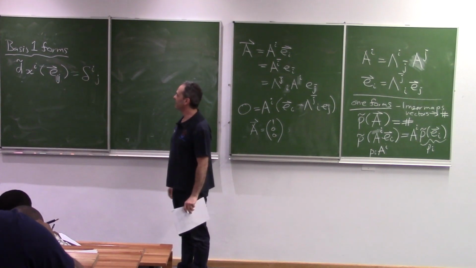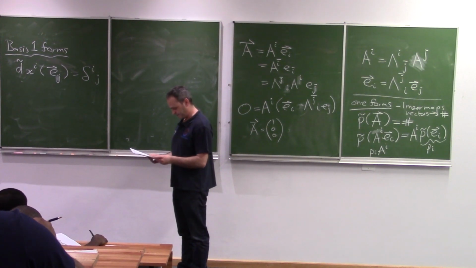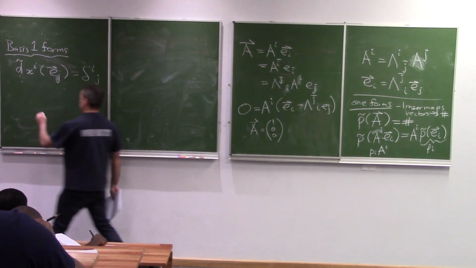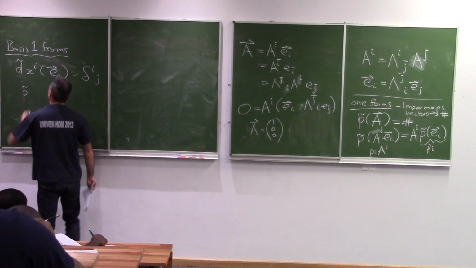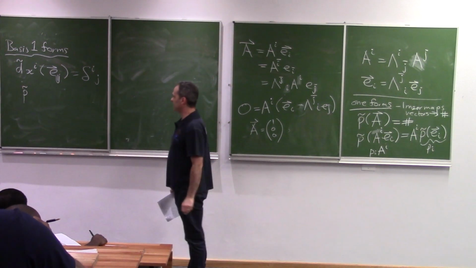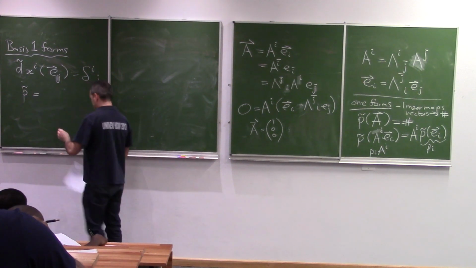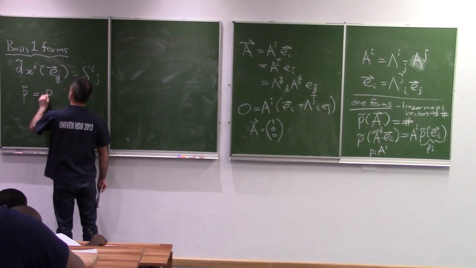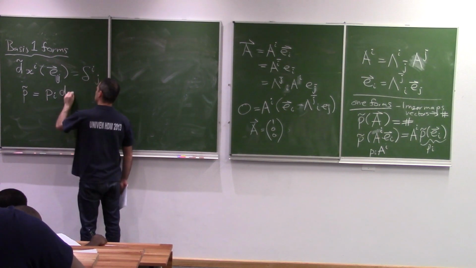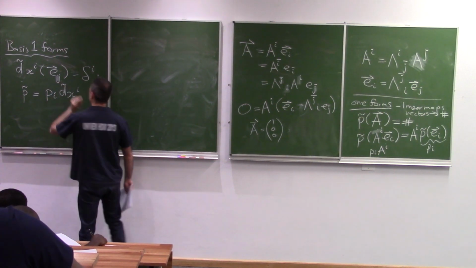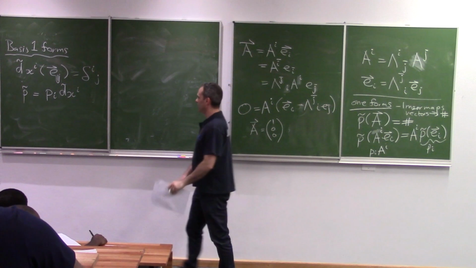If I feed it my basis vectors, it gives me a Kronecker delta. And since it's a basis, I can write any one form in terms of this basis, and it will be written like that. You can check that.